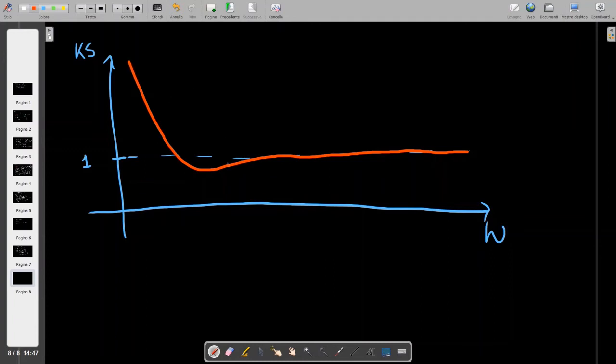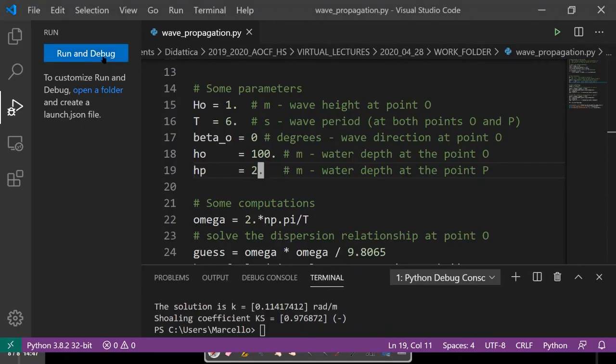So before we have computed a shoaling coefficient a little bit lower than 1. So we were in this area. Now we decreased the water depth, then the shoaling coefficient should be higher than 1.